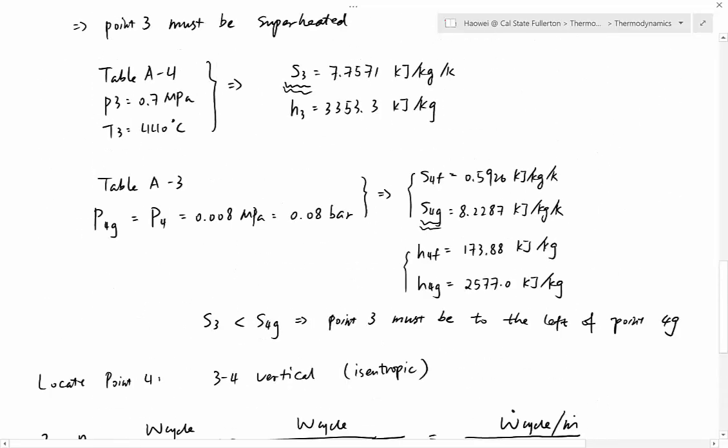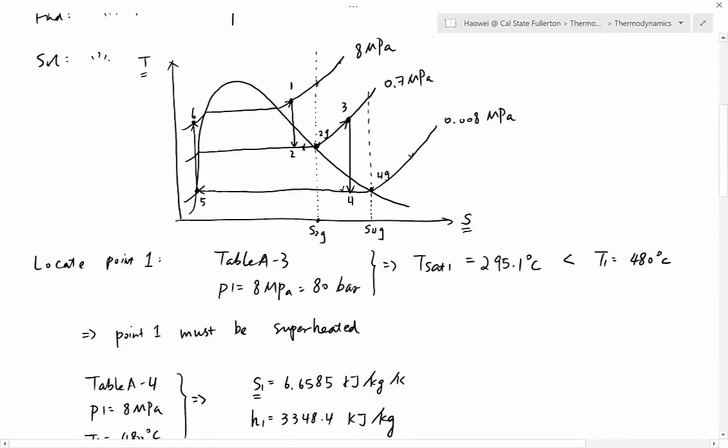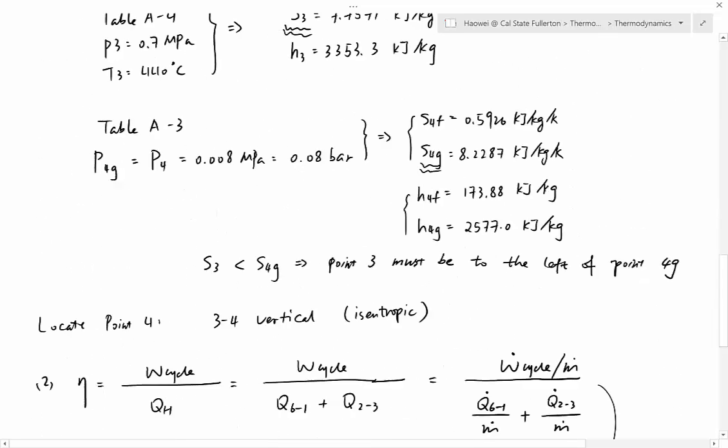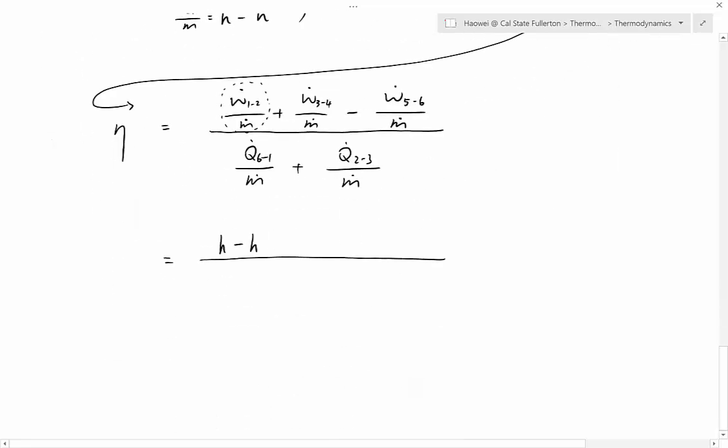Or in other words, which one has more energy, 1 or 2? 1 is the beginning of the steam turbine. Very hot steam goes into the steam turbine and then pushes the blades to turn and then it cools down at number 2. So obviously number 1 has more energy. So we should use H1 minus H2. Okay, that's the first one.